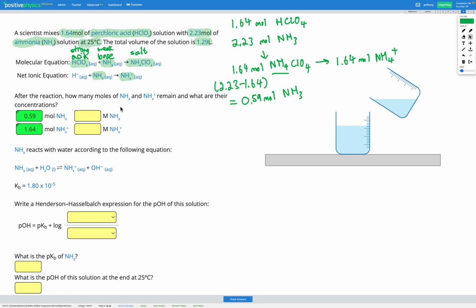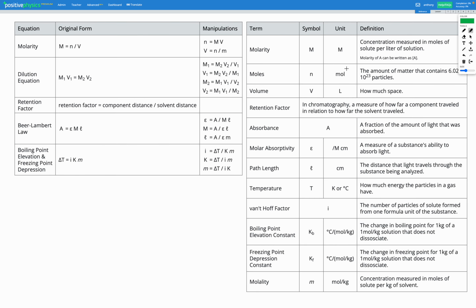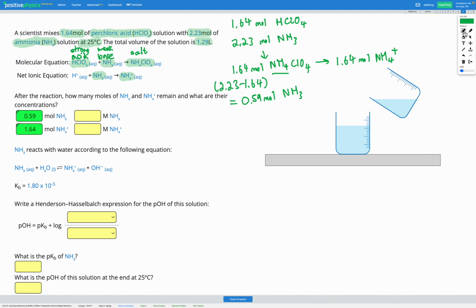Next, we need to figure out our concentrations of those. We were told the total volume of the solution is 1.29 litres, and we know the number of moles. Here's our molarity equation on the solutions page of the reference sheet. Molarity equals number of moles divided by volume. So to find the molarity, we're going to do the number of moles, so that's 0.59 for NH3, divided by the volume, which is 1.29 litres.